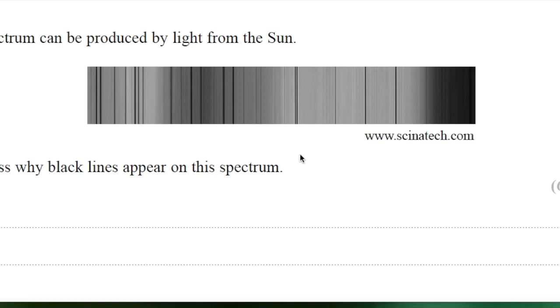Hence, you get a limited or a fewer number of black lines. I hope that's clear. I'll try to include the 6 points here. After listening to my explanation, try to write down all those points and then check whether you've included the expected points, right?